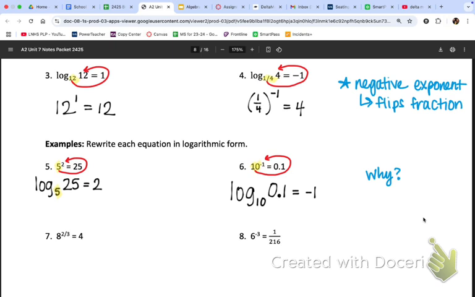If I have 10 to the negative 1st power, when you have a negative exponent, you can send it to the other side of the fraction, and so it would become 1 over 10 to the 1st, which is 1/10, or 0.1.